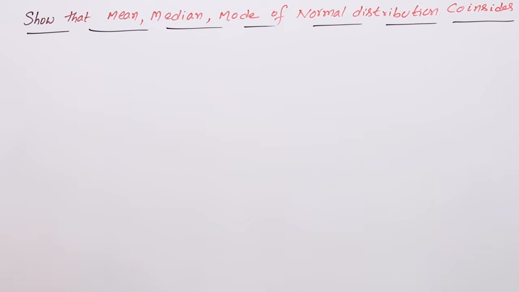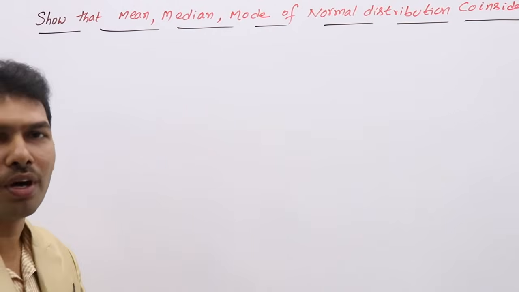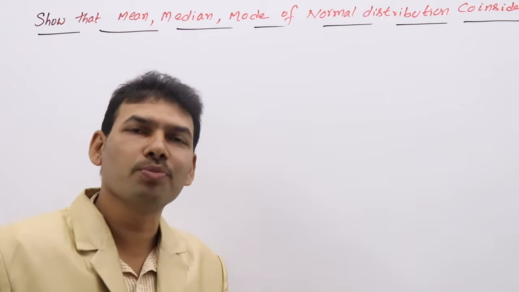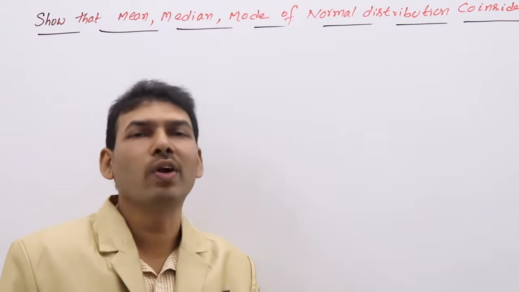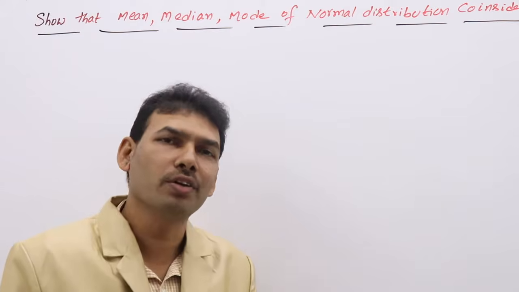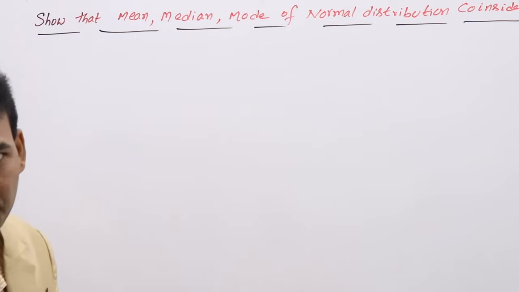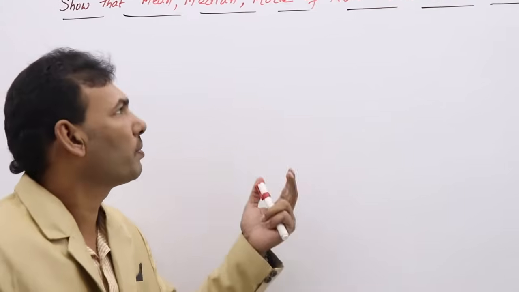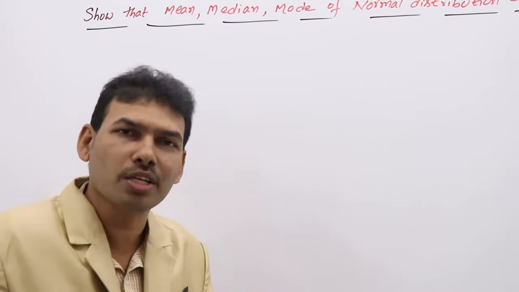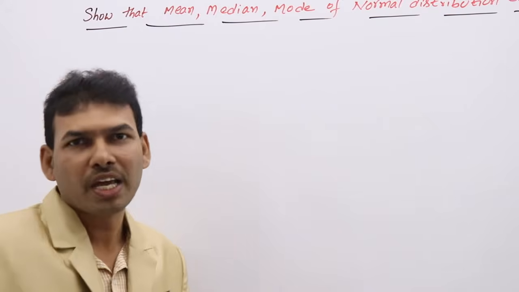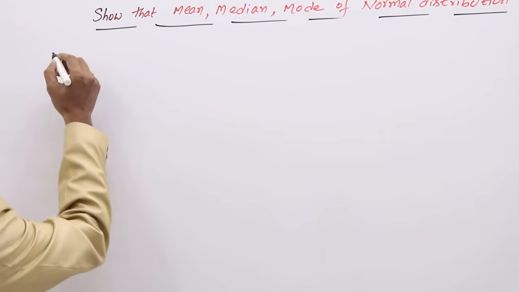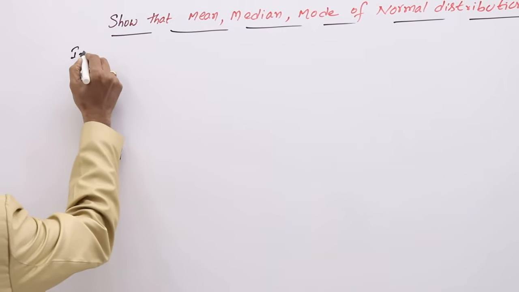Show that mean, median, mode of normal distribution coincide. It means in normal distribution, mean equal to median equal to mode. That we need to prove. We know how to find mean in normal distribution because normal distribution is a continuous probability distribution. First I am writing what f of x is in normal distribution.